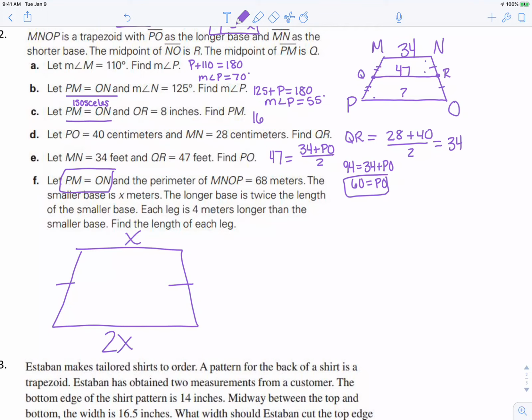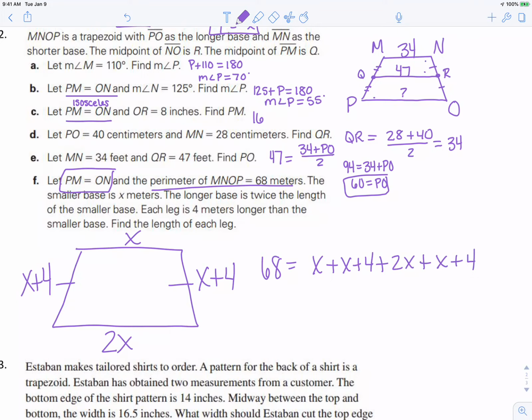And each leg is 4 longer than the smaller base, so that would be X plus 4 and X plus 4, since it's isosceles. The perimeter is 68, so if I add up all the sides, I should get 68. So 68 is the sum of X, X plus 4, 2X, and X plus 4 again. So 68 equals 4X, 5X, plus 8. Subtract 8, 60 equals 5X, divide by 5, X is 12.